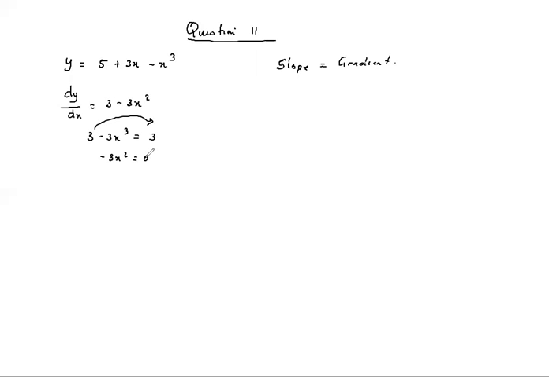And then divide by negative 3. So x squared is equal to 0, implying that x is 0. And they're looking for the point. So y is equal to 5 plus 3 times 0. Remember, when x is 0, you get 5. So the point is (0, 5). That's the meaning of that thing.